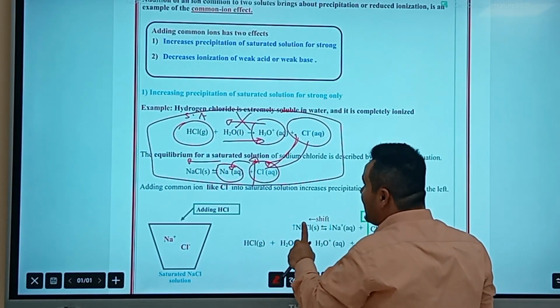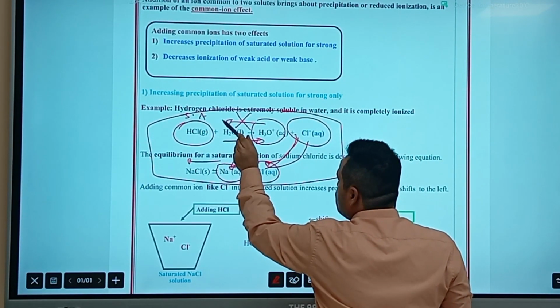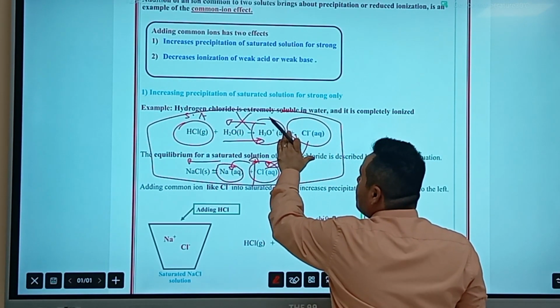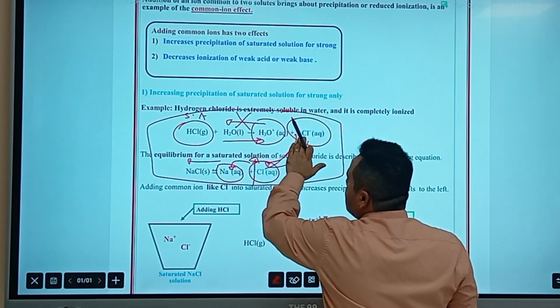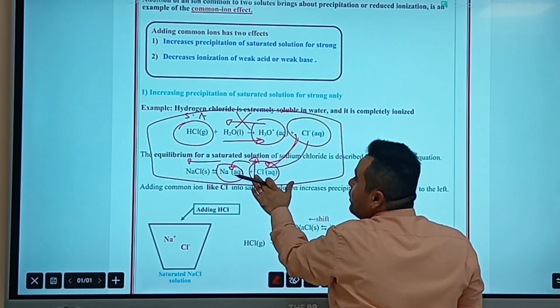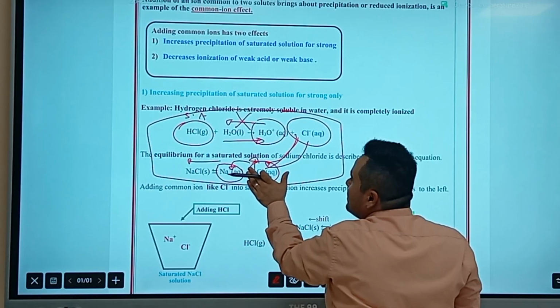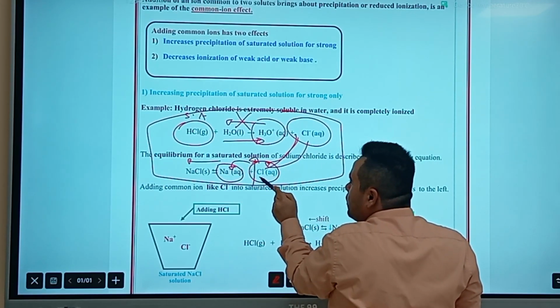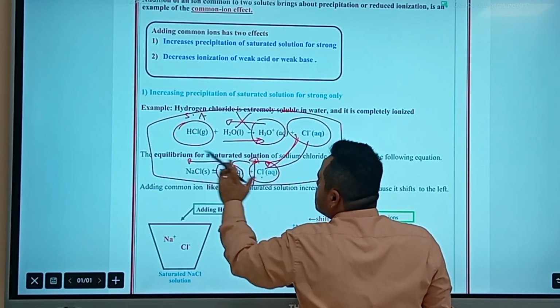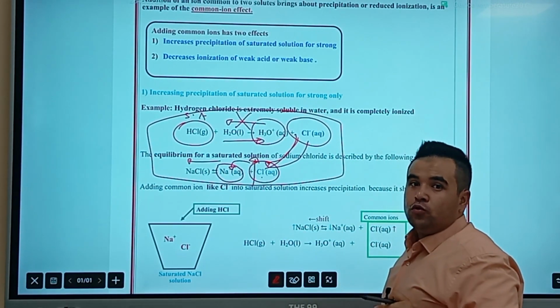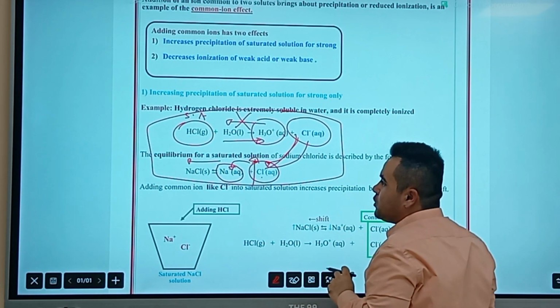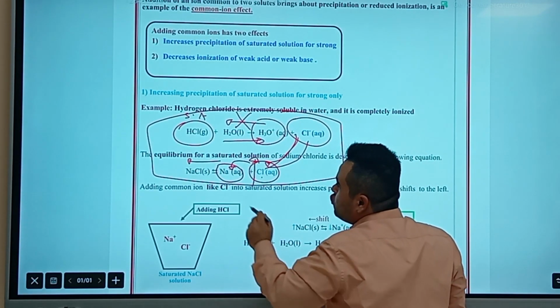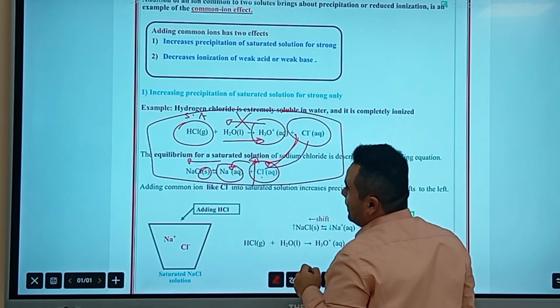So in this case, guys, whenever it's a strong acid or strong base, the favorable shifting direction will be in the reaction of the salt. The common ions combine and shift to react to form the salt in a saturated solution. This will be a precipitate.